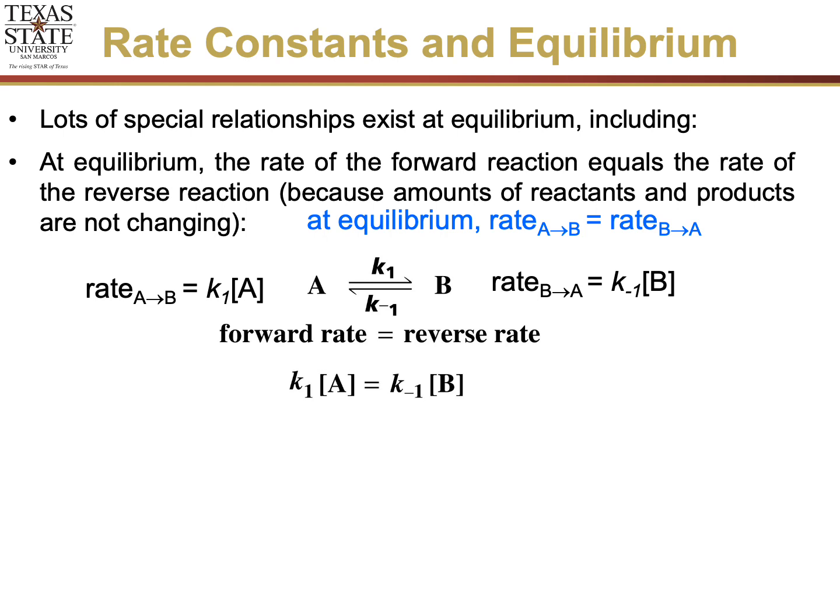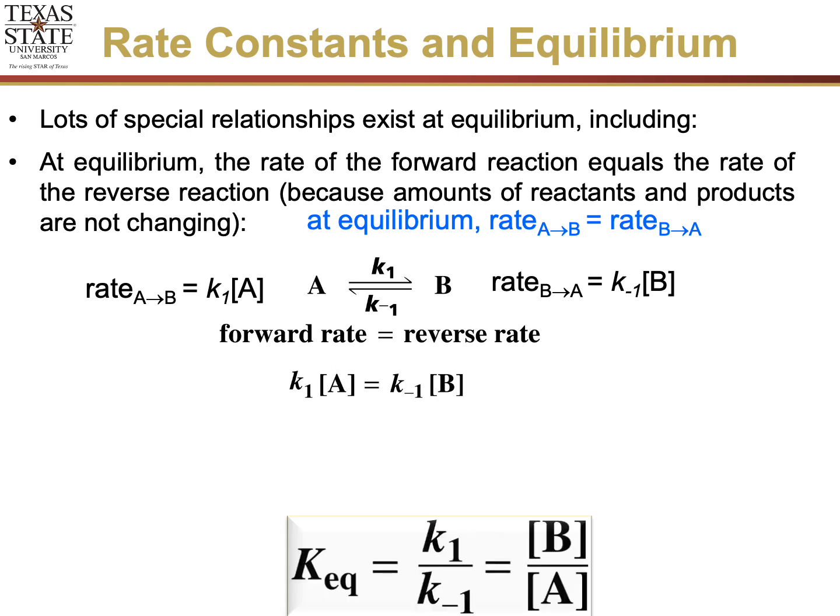And so what we'll end up doing is taking our forward rate and our reverse rate, which are the same at the equilibrium. Only at the equilibrium is the forward rate and the reverse rate the same, meaning the concentration effect of A versus B is giving us where our equilibrium lies.